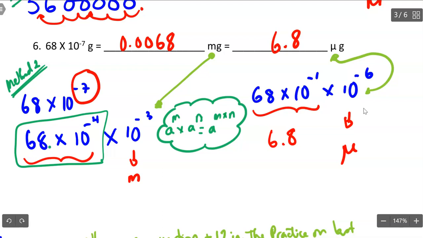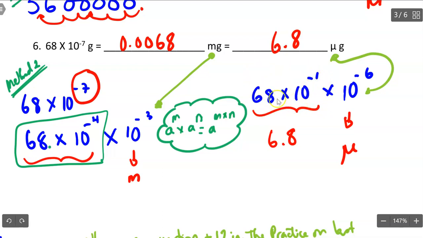So I write this as 10 to the exponent negative 6. Because I work with negative 7 and I already have negative 6 here, to make it back into negative 7, I have to have 10 to the negative 1. After I have this, it's already replaced by my micro. What I have left in this number is 10 to the negative 1.